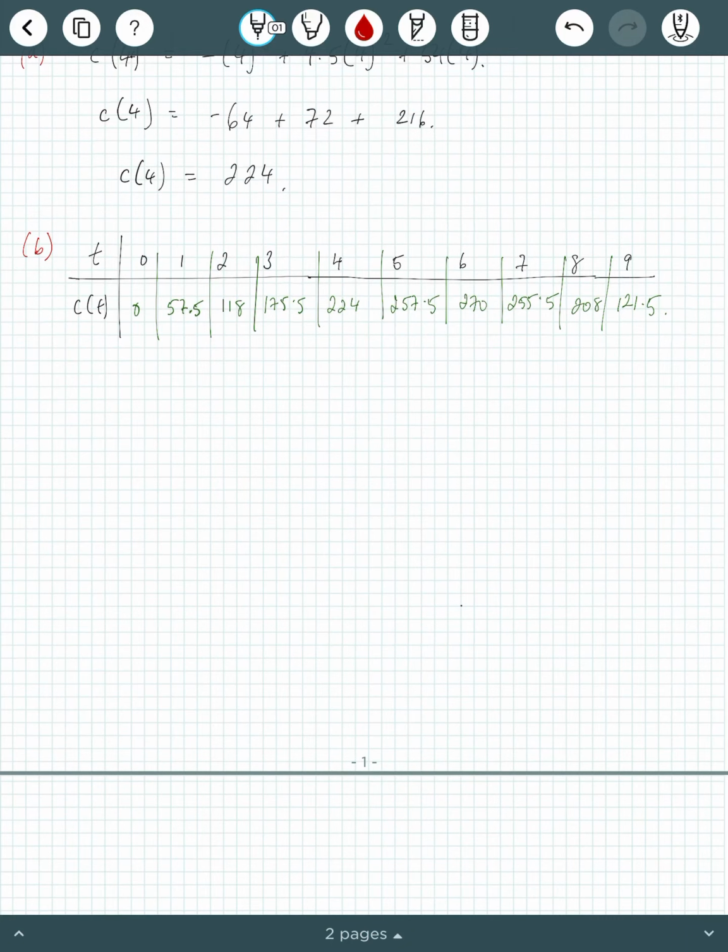So the C part then is you're asked to sketch this. And as you can see from the question, they've given you your y and x axis. So I'll do a quick sketch here of my y and x axis.